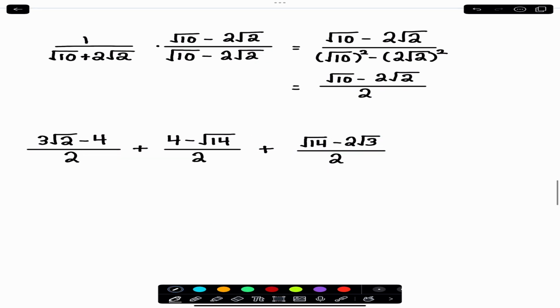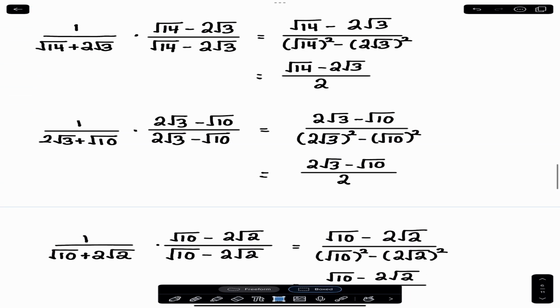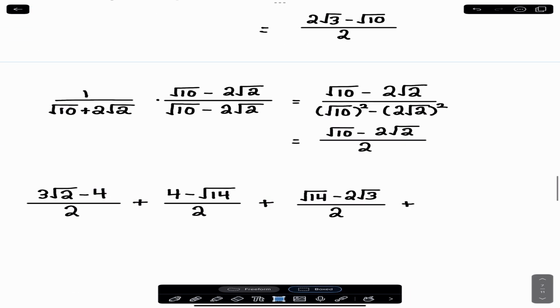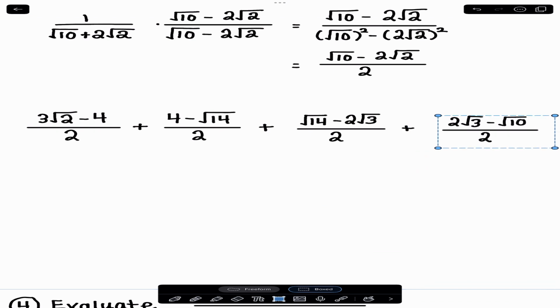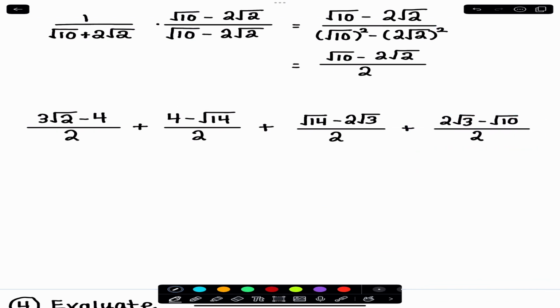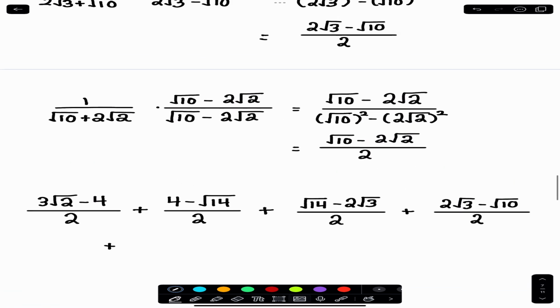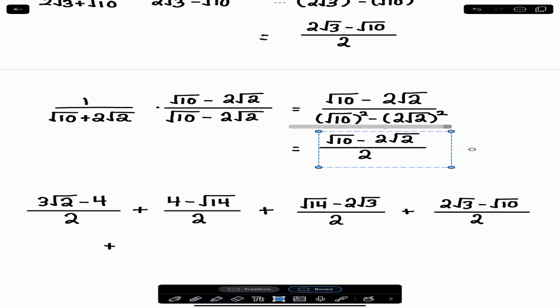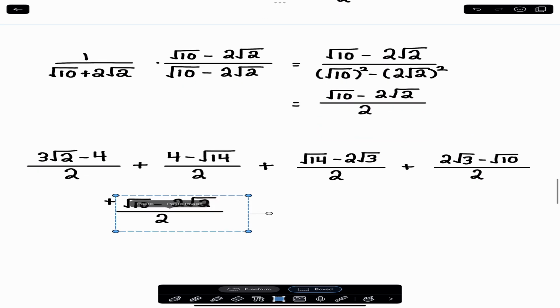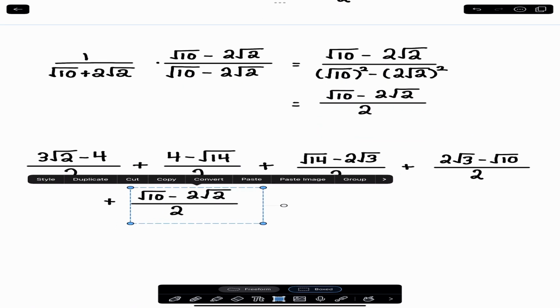You can see my best friend is the copy and paste button. Okay, this is kind of annoying, but there's one term that just doesn't fit. So I'm going to have to put it here.